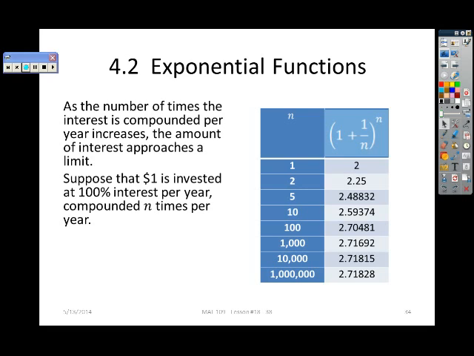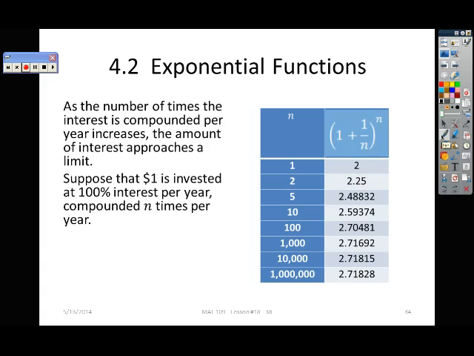As n gets larger and larger, the result of increasing n without limit is that the calculation will result in this number, 2.71828, and on and on for an unending decimal.